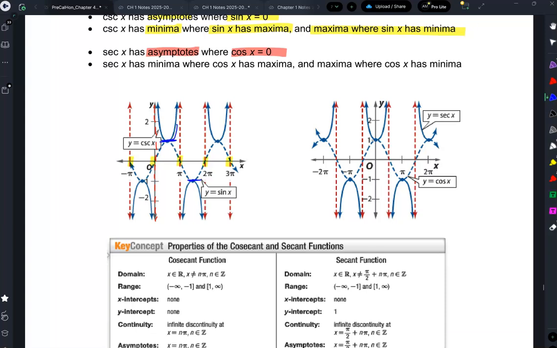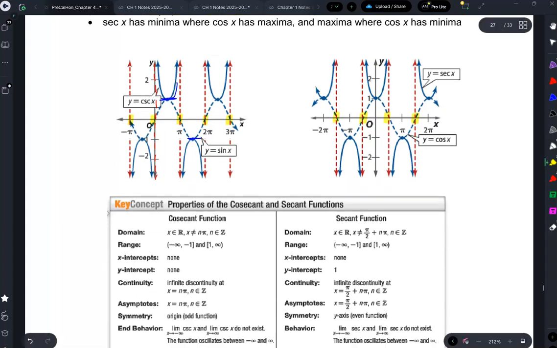Now, for the secant, I draw a cosine. Can you see this is a cosine? Because at the 0, it starts away from the axis. This is 0 at all of these points, so I draw asymptotes at all of those points. Then, same situation, a U-shaped graph. And so now, everything is inverted, right?